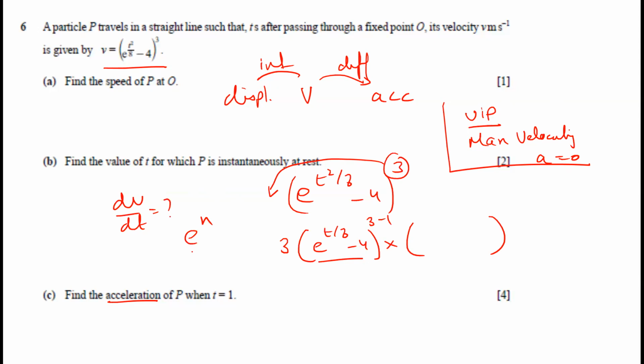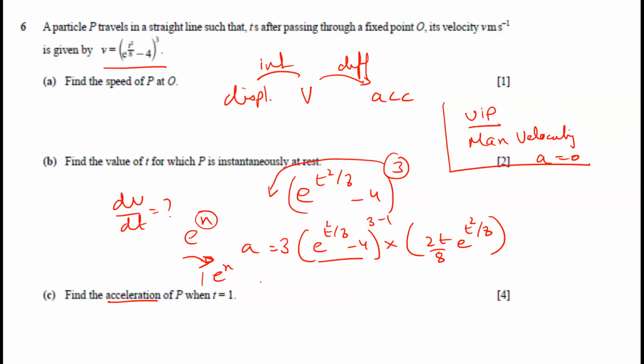When you differentiate e^x, it becomes e^x times the derivative of x. So when we differentiate t²/8, this would be 2t/8, times e^(t²/8). And because 4 is a constant, it would be 0. So this is your acceleration.